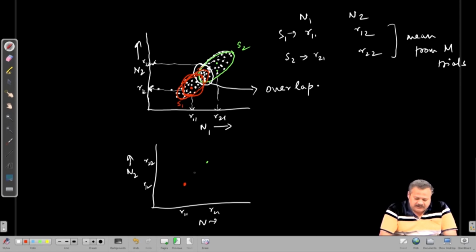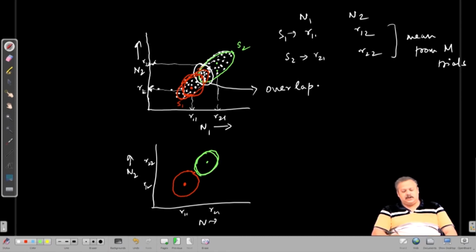And now let us say the noise correlations were lower, which means that they become more circular than elliptical as above. And in the green also we will be seeing that it is more circular compared to elliptical, and there will be a decrease in this overlapping region.